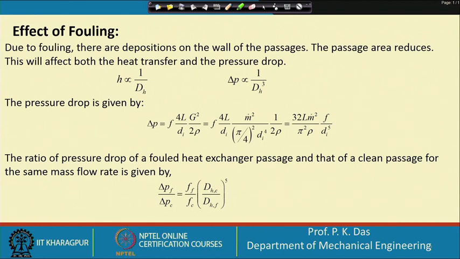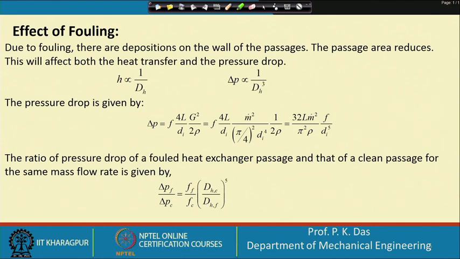Now, I have given the entire formula for how the pressure drop is to be calculated, and if we consider that though there is a change in the passage area, the mass flow rate of the fluid is kept constant, then we find that delta P is inversely proportional to D to the power 5.